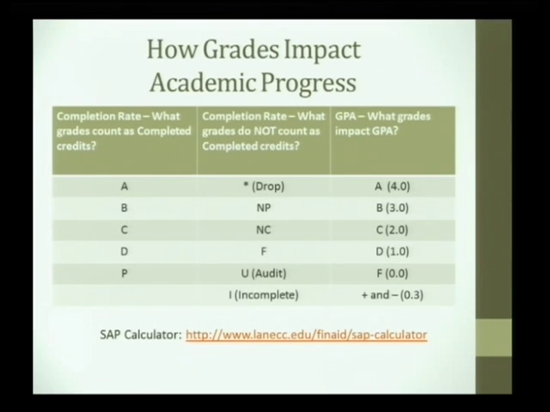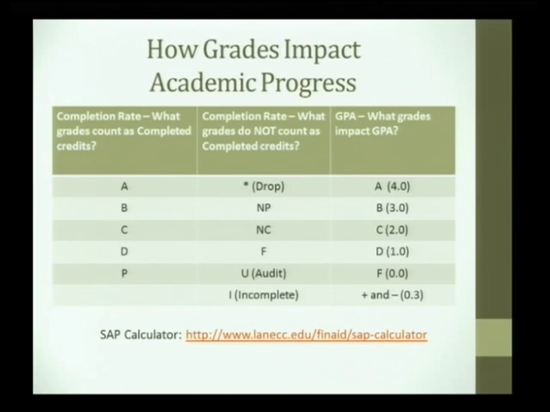These are grade notations that do not count as completed credits. So the asterisk, what shows as an asterisk on your transcripts, means you've dropped the class after the refund deadline. If you did it before the refund deadline, it's not going to show on your transcript. So that's an asterisk, it's not completed.